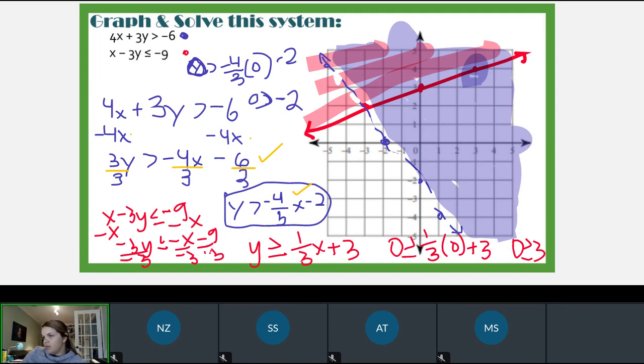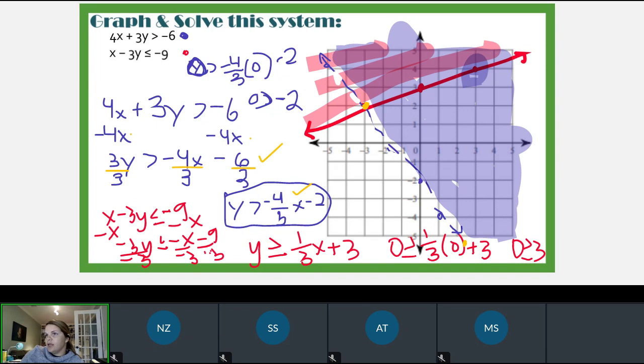So what AJ did was graph the y-intercept at negative 2. Then use the slope. So up 4, to the right 3, and then down 4, which would be kind of off the grid and over here. And then a dotted line. Good job.